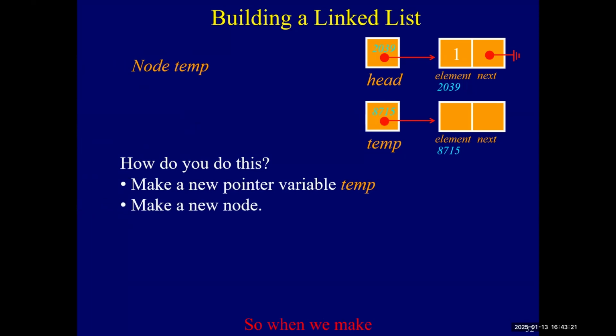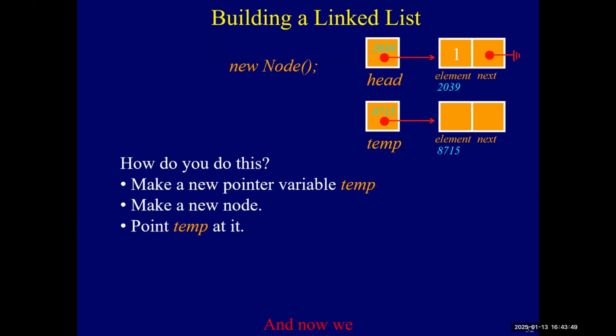In Java, we say we want a new node. And what does that do? It allocates memory for the new node, and it returns the pointer to it. Should I start slowing down? Are we getting into things that are harder? You guys okay?